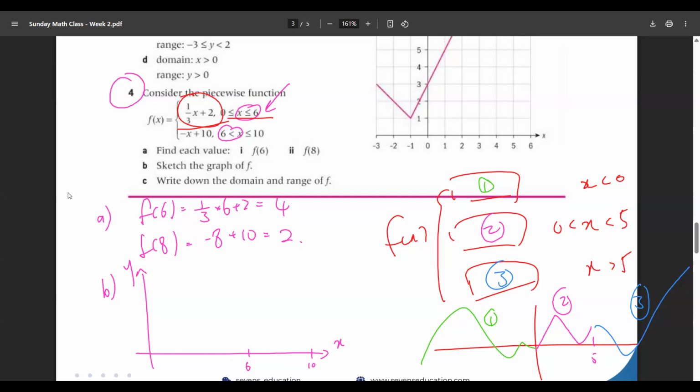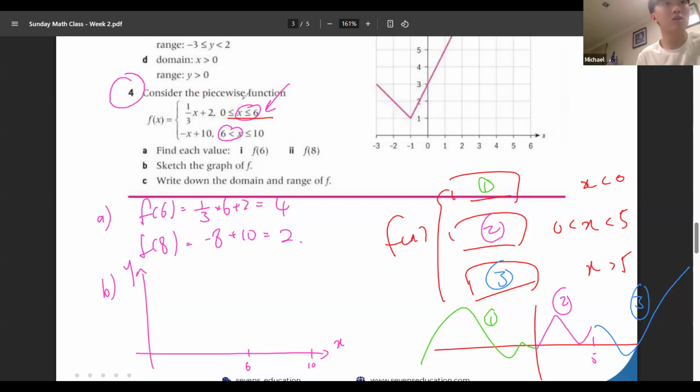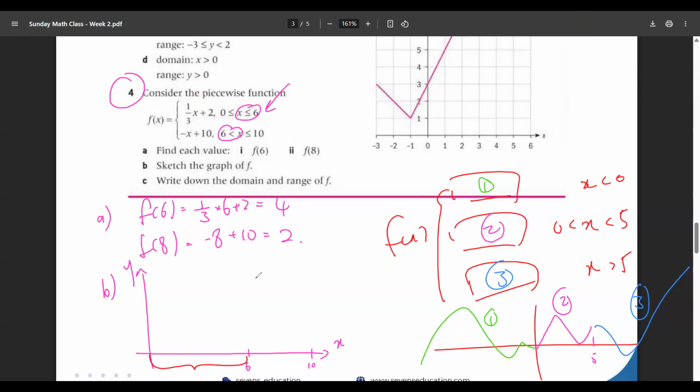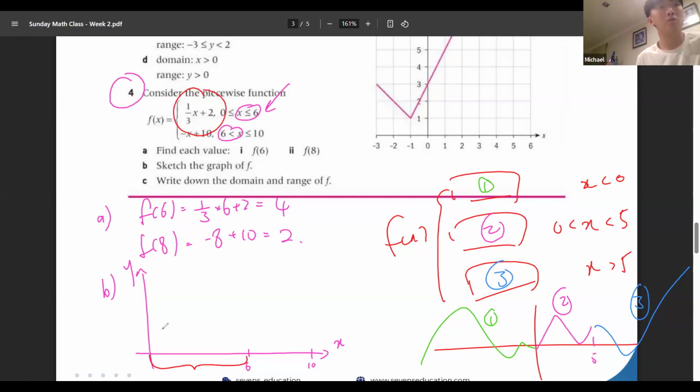I think I get it a little bit. So for question 4, would that be 0 is smaller than or equal to x? That is the boundary. 0, okay. Between 0 and 6 is pretty much this region, right? So just plot this line first, but you're only plotting this region.